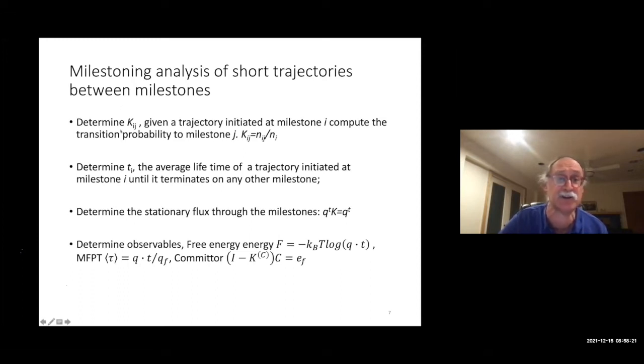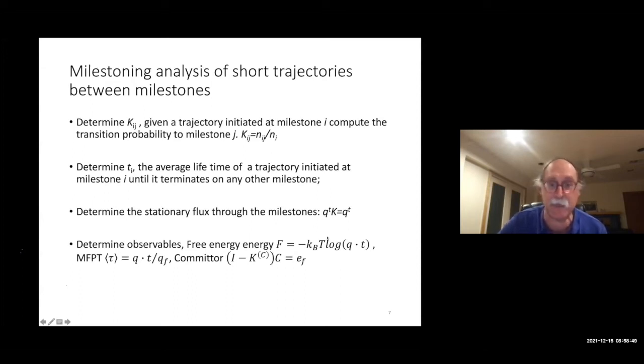Given these two functions, Kij and Ti, we can get a lot of information about the thermodynamics and the kinetics of this system. For example, one thing we can compute is the stationary flux passing through the milestone. It is the eigenvector of this matrix K, called Q here, with an eigenvalue of 1. Once we have Kij, we can determine the stationary flux Q that passes through the milestone.